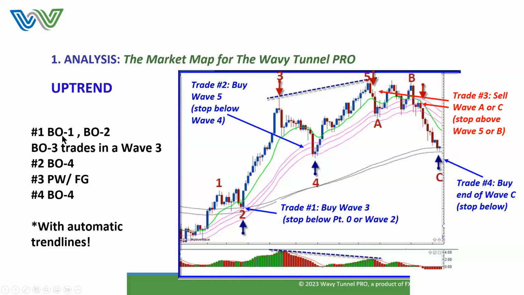Our trades are the breakout 1, the breakout 2, which is down here once the market starts to move up in a trend. So trade number 1 might be to buy the wave 3 with a stop below 0.0 or wave 2.